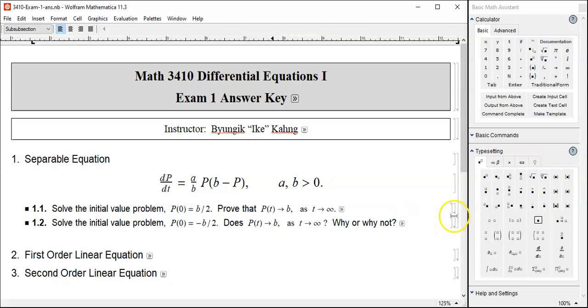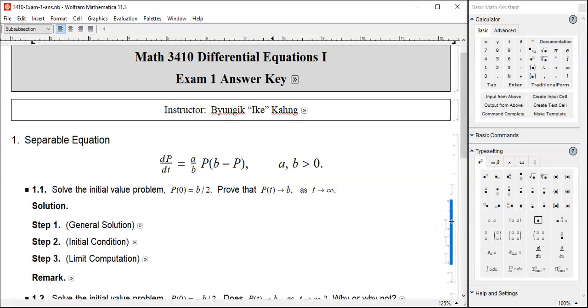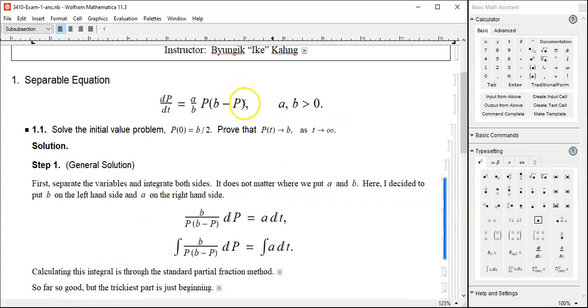The first step is to solve for this general solution. And the first step of the first step is the separation. Here we go. From here, we can divide away the p parts, and then we can get this separation. Now, it is possible to get a slightly different separation.